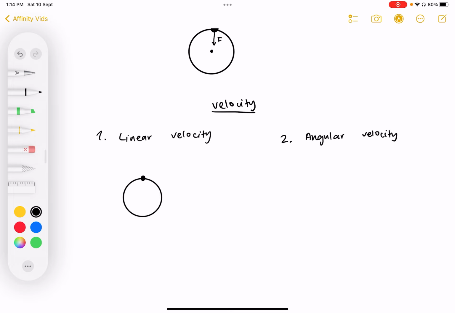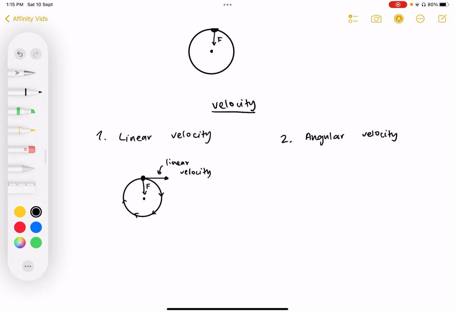So here's our object going in a circle, and let's say it's going this path around the circle. This is how it's moving. Its linear velocity is always going to be a tangent to that circular path, and it's going to be perpendicular to the force. So this right over here is our linear velocity.